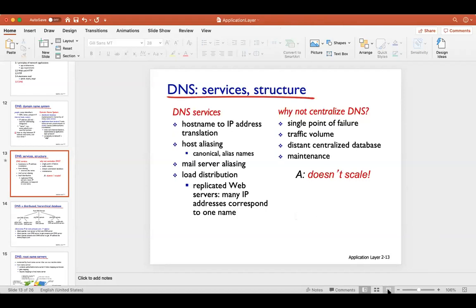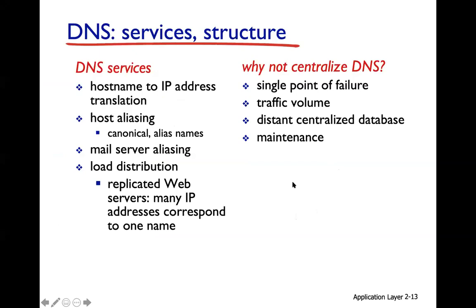Okay, let us come back. So this means I give you a host name, you give me the IP address, right? The other thing the DNS service should also provide is the mail server. So we have the mail server, which should also be provided by the DNS.